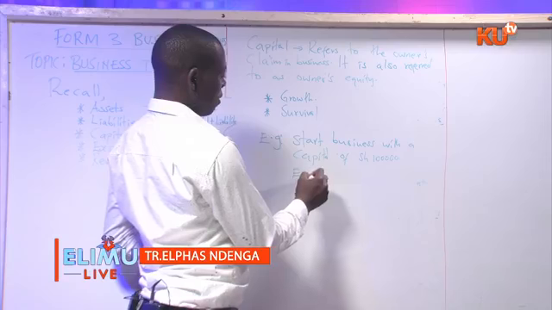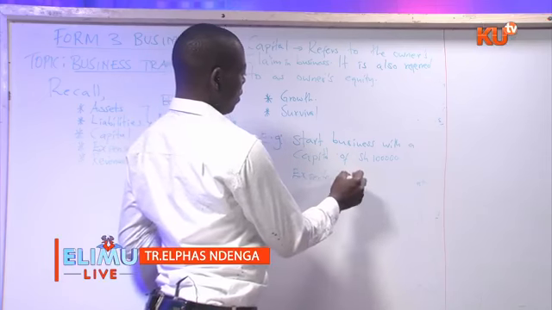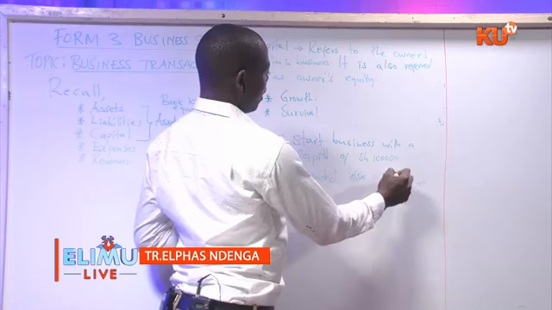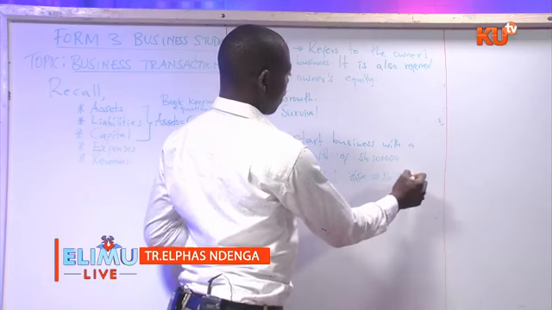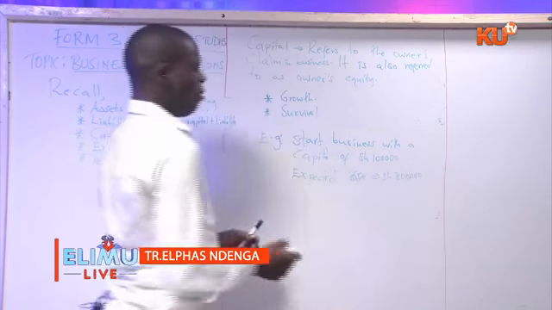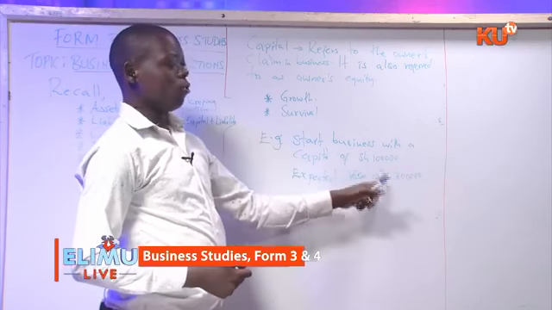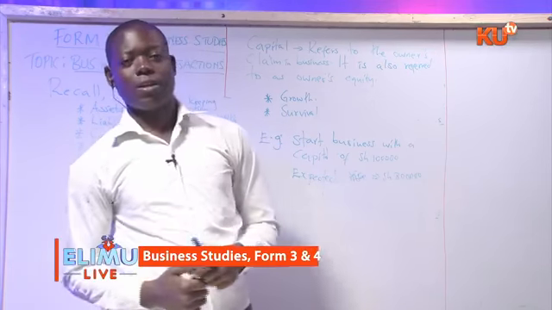So your expected projection will be a rise to maybe 300,000. So the question is, how do you attain this change from 100,000 to 300,000?